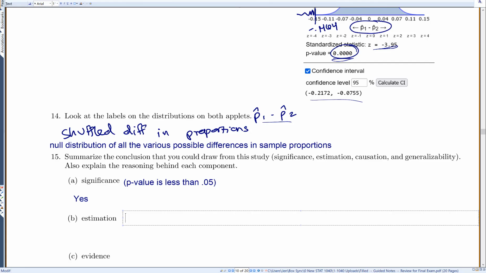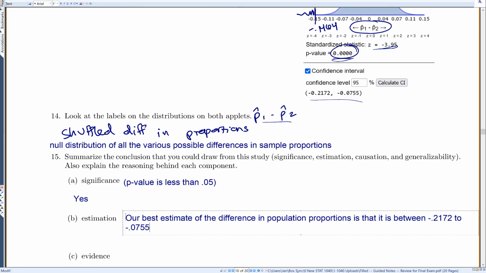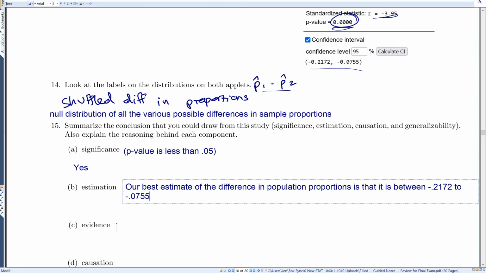Our best estimate of the difference in population proportions, that's just asking for your confidence interval, is that it is between negative 0.21722 to negative 0.0755. So that's usually a very important thing your boss wants to know, of like, what is your best estimate for the difference in the population proportions?